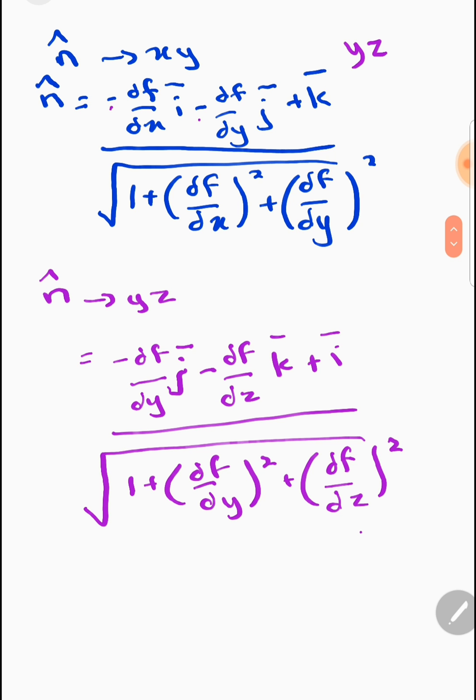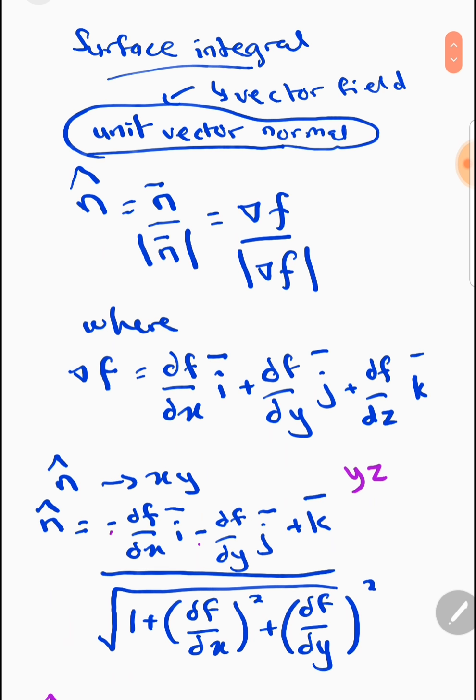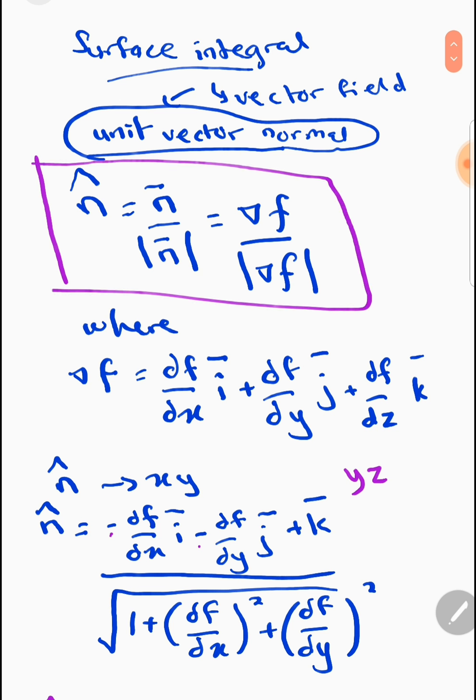So of course, I just want to reiterate one point here. If you notice, unit vector normal is actually given by two different methods. Do you realize that earlier we actually have this? This is actually method 1. I think you're quite familiar with this already. Probably this is something really new, but the format goes the same way.